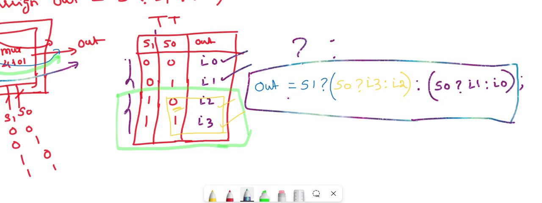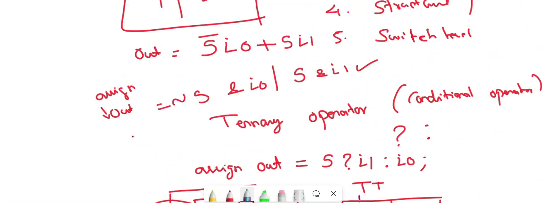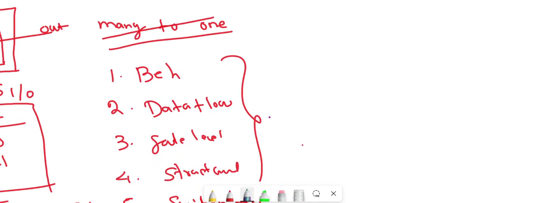So we'll see side by side how to write the coding also. For example, for a 2 to 1 mux, if you want to write the code, see: module. I have given the module name as mux221.